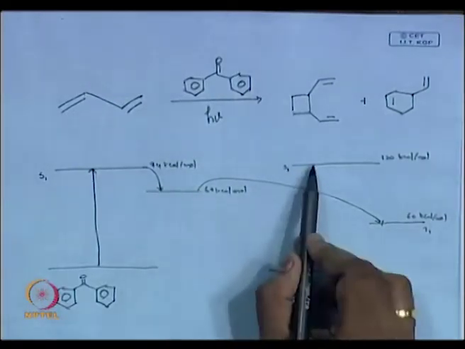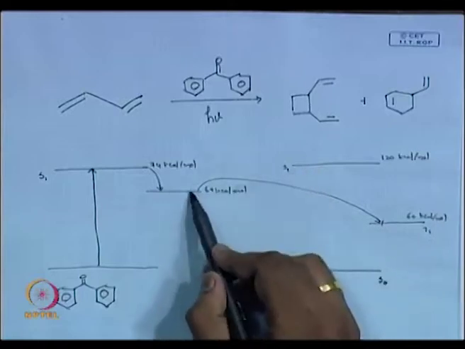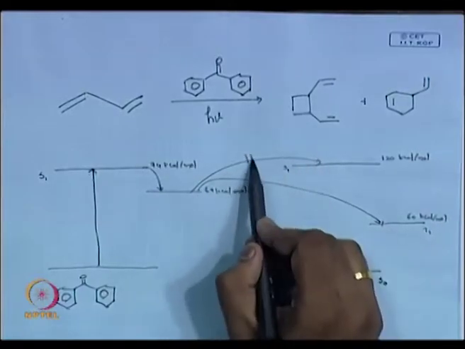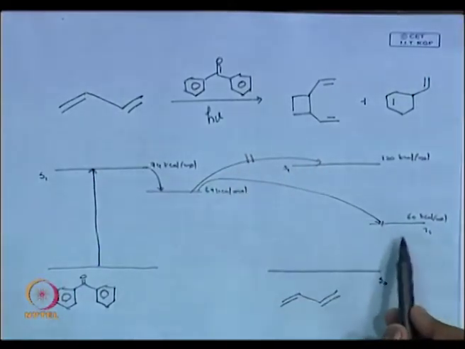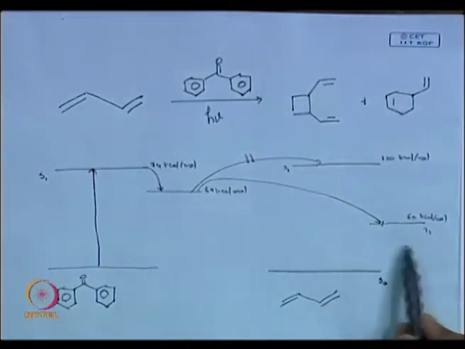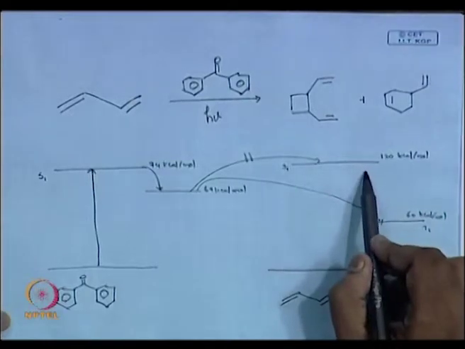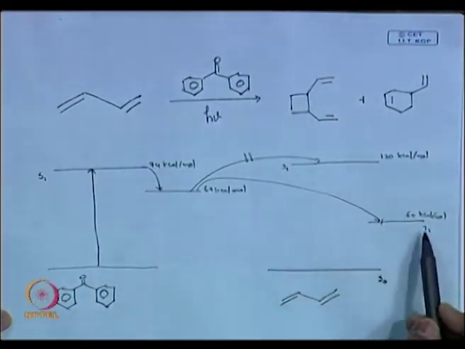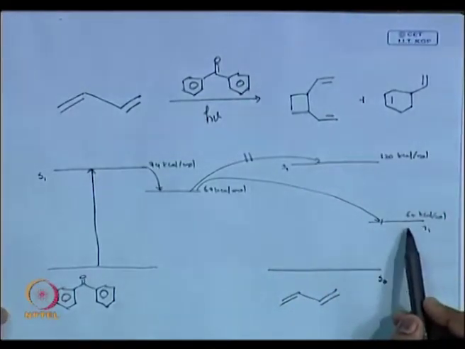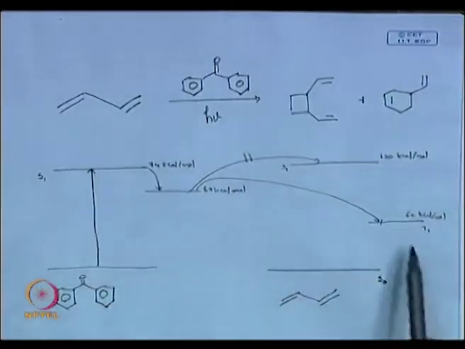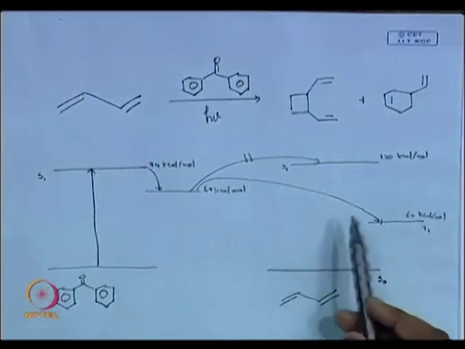It cannot transfer the energy the other way, this is ruled out. So now the triplet state of butadiene gets excited. I am not exciting the singlet, I am exciting the triplet. So now I get only the product from the triplet. I can bypass my singlet products.